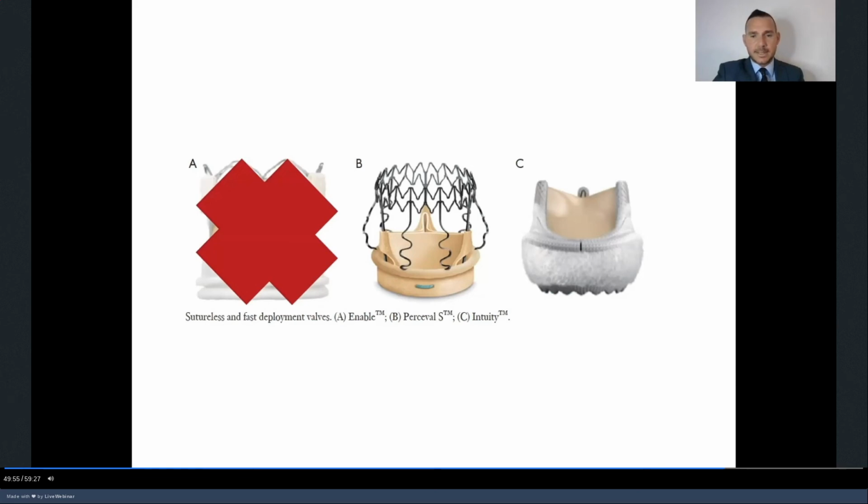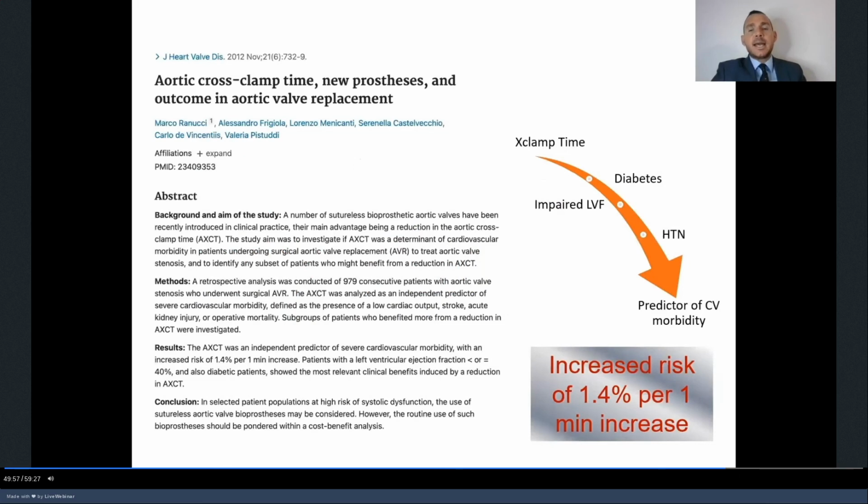As clearly demonstrated in the literature, we know that increased cross-clamp time is associated with increased cardiovascular morbidity, mainly in the context of additional risk factors like impaired left ventricular function, diabetes, or hypertension.